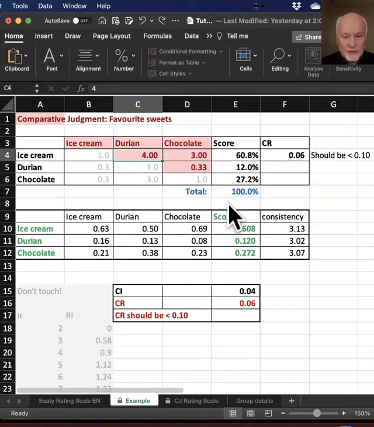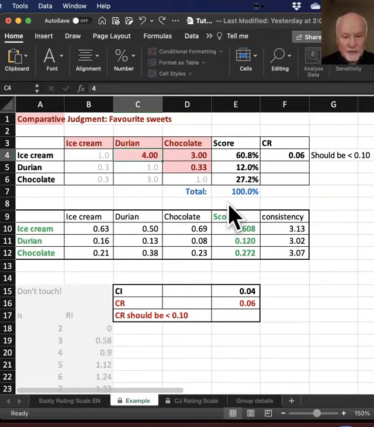If we go back to our rating scale, 9 would be saying that coffee is extremely more popular than wine. And what was 5 again? Moderate plus.